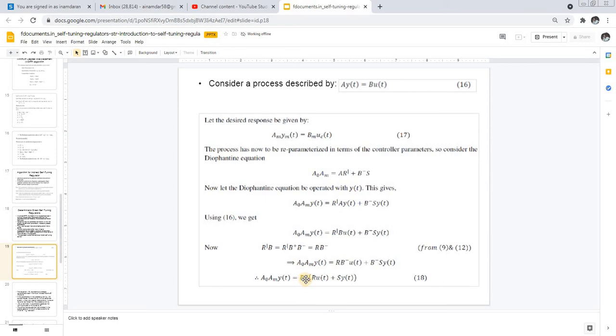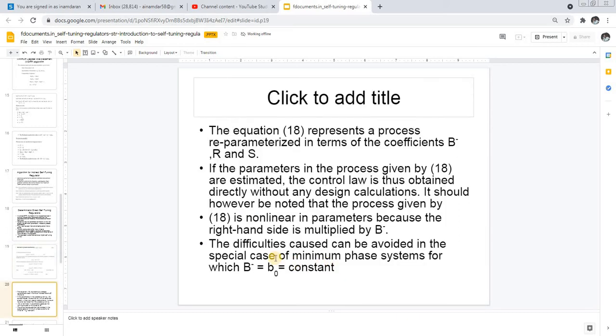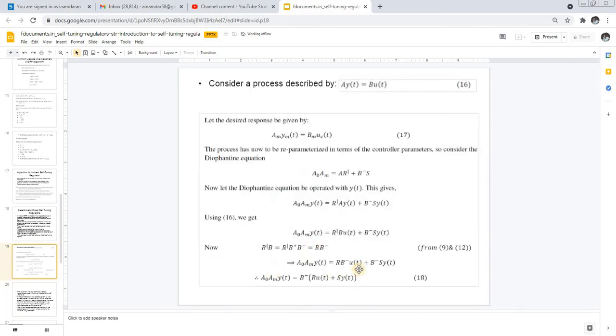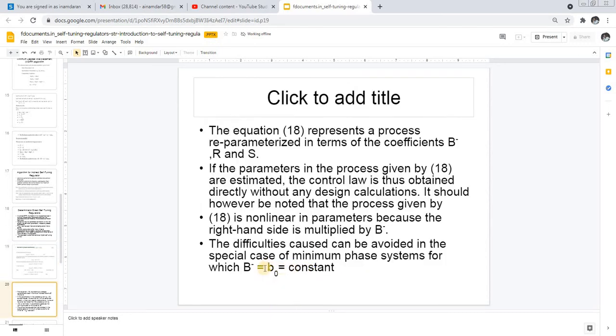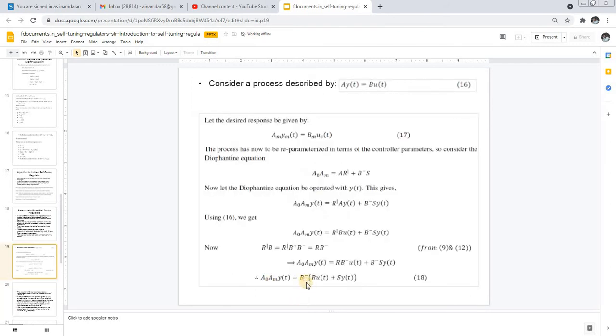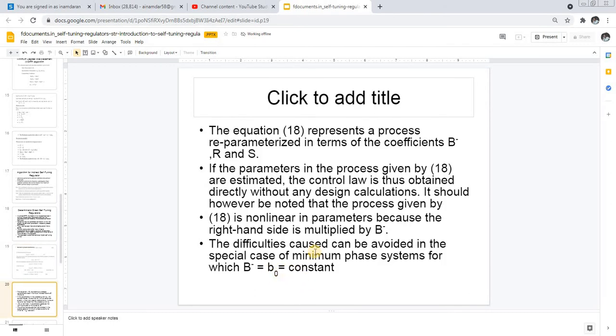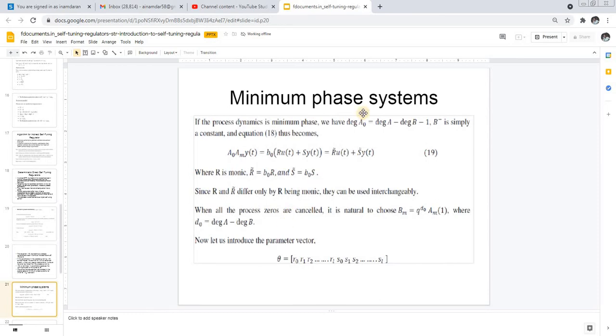The difficulties caused by this can be avoided in the special case of minimum phase systems, in which this B minus becomes B naught, which is a constant. Here you can see the difficulties of this non-linearity can be avoided by minimum phase systems, in which B minus is equated to B naught, a constant.